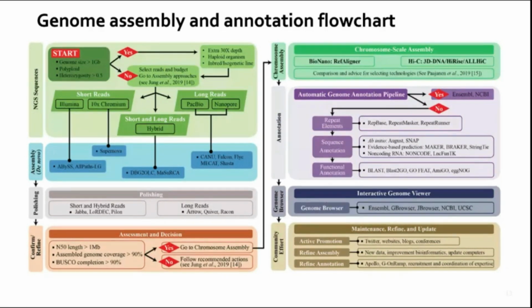As you see in this particular slide, I have given a flow chart which tells each and every step of how we construct the genome, what kind of technology supports it, and how we can construct it.